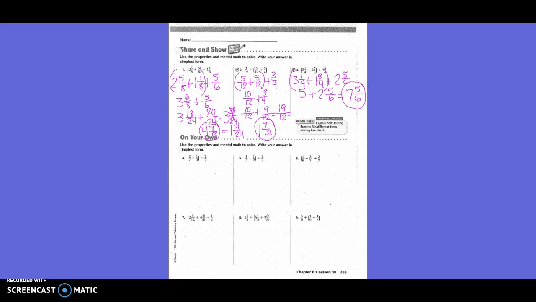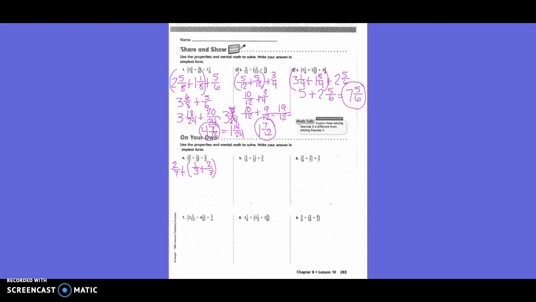On your own, use the properties in mental math to solve. Write your answer in simplest form. 2/7 plus 1/3 plus 2/3. Do we need to use the commutative property? No, we just need to use the associative property and change where our parentheses is. So we'll write 2/7 plus parentheses 1/3 plus 2/3.